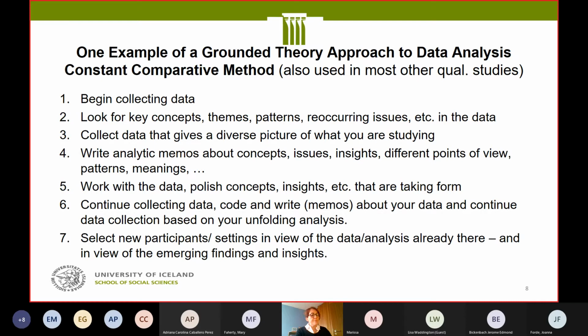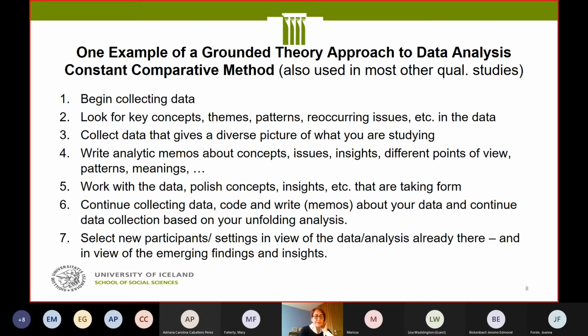Other methodologies in ethnography, narrative studies, discourse analysis, content analysis, document analysis, they have taken up this way of working systematically with the data. And coding is not only a qualitative, grounded theory way to analyze data. Everyone has taken this up.